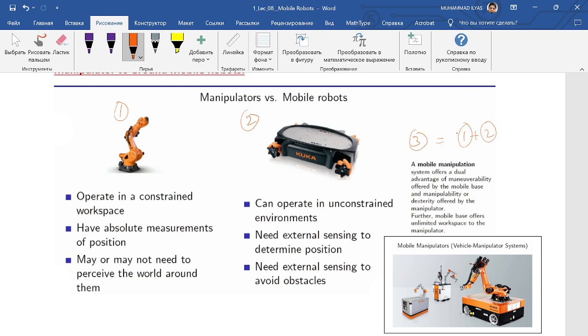So we can combine mobile robots and manipulators in a third category, called mobile manipulators. In this case, for example, we have a mobile base here, a mobile robot, which I call MR, and on top of it we fix an arm robot. This way the base is moving.